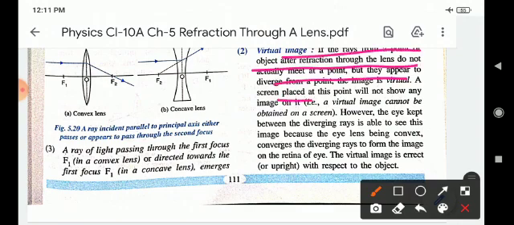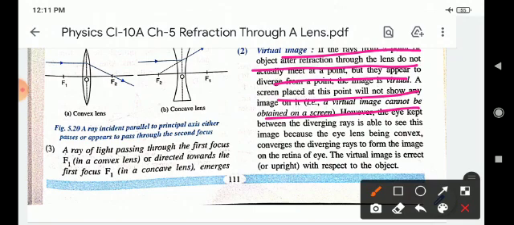Very important point. If the rays from a point of the object after refraction through the lens do not actually meet at a point, but they appear to diverge from the point, the image is virtual.